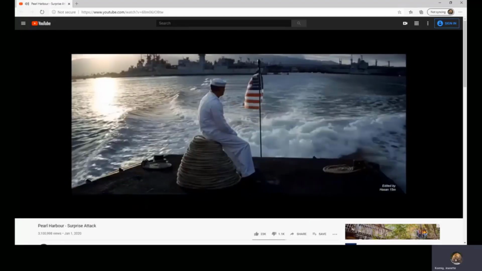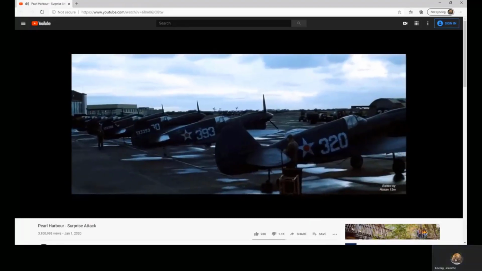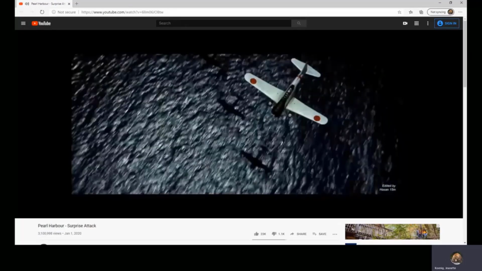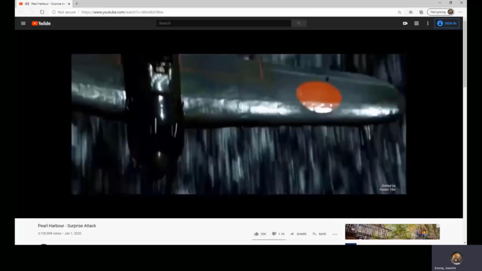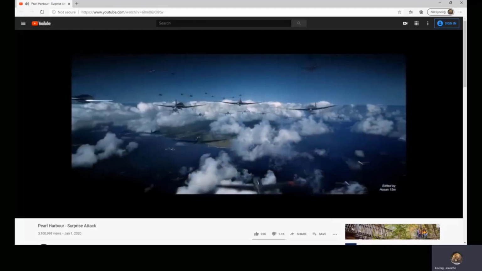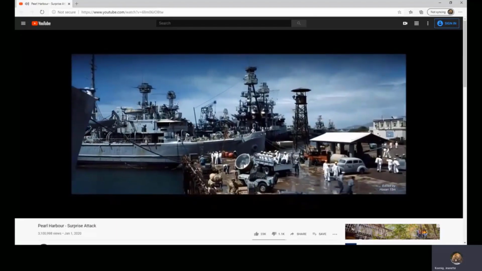So here you see Pearl Harbor, and what's going on here? Well, any activity in Pearl Harbor? No, not much. Not much. So come all these airplanes, and you notice there is that red circle here.